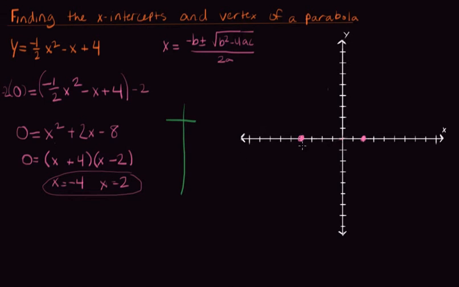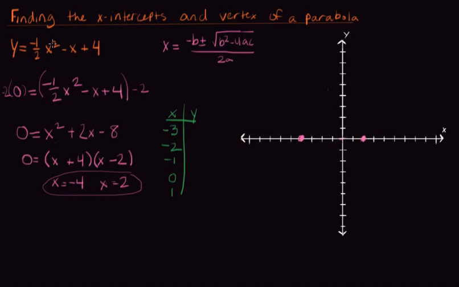Since I know that the graph crosses right here and here, I'm going to be able to see my graph best between these two points. So I'm going to use negative 3, negative 2, negative 1, 0, and 1. I want to graph those x values and see what the y values are, so I'm plugging into this original equation.